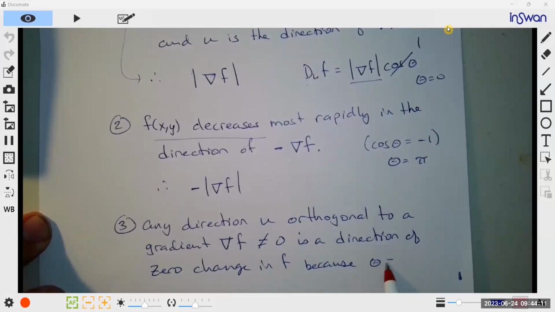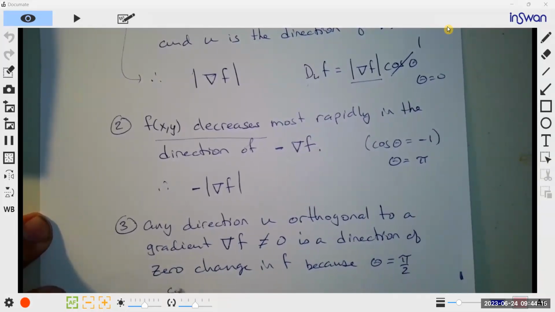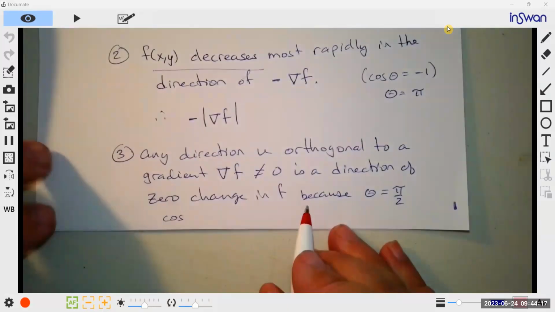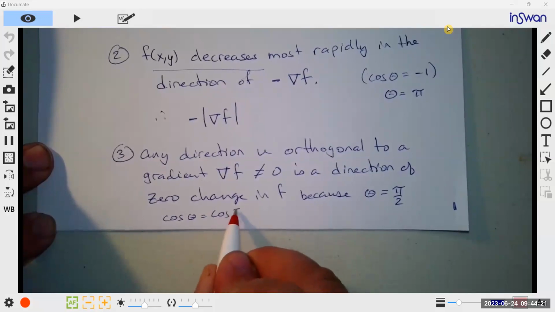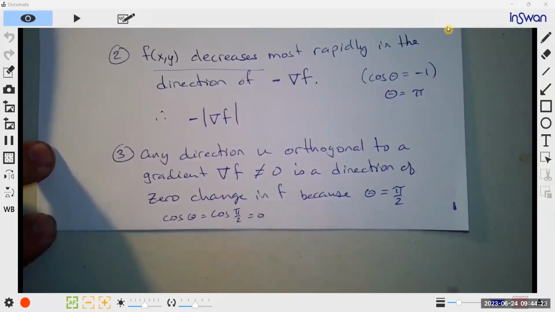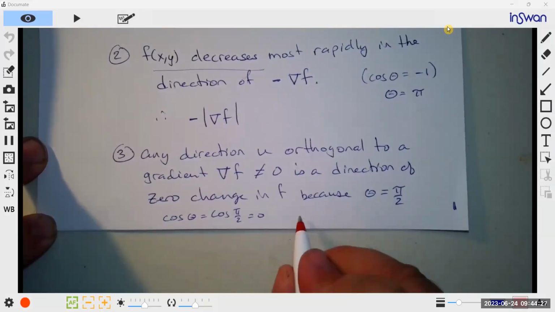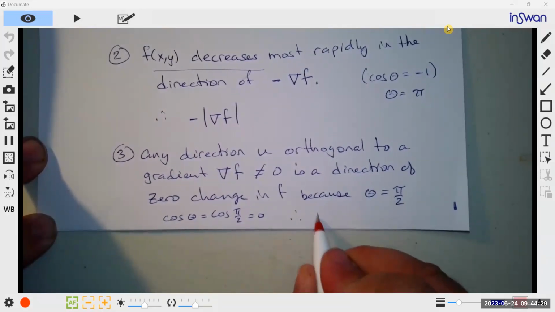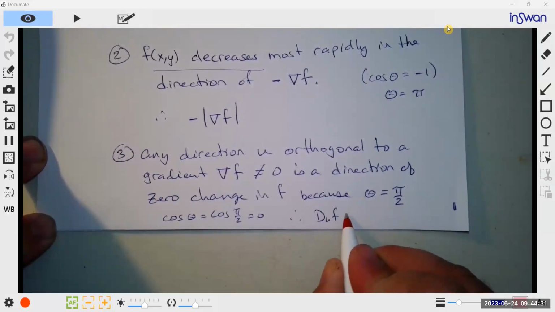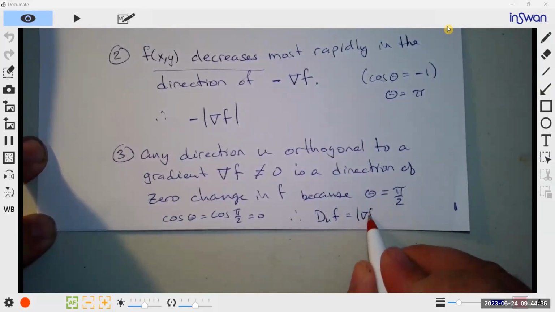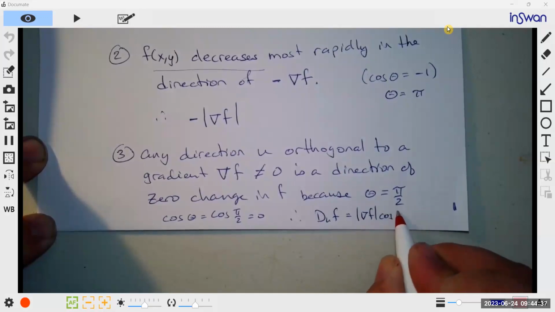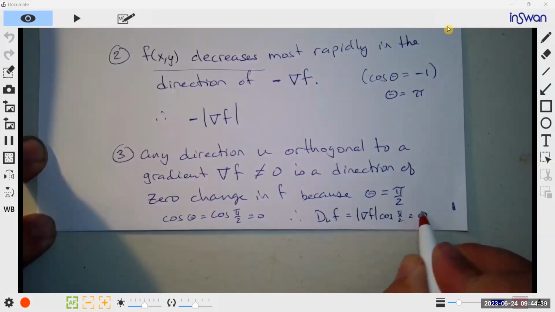Because theta equals pi over 2 and cosine of pi over 2 equals 0, which tells us the magnitude of del f times cosine pi over 2 is 0.